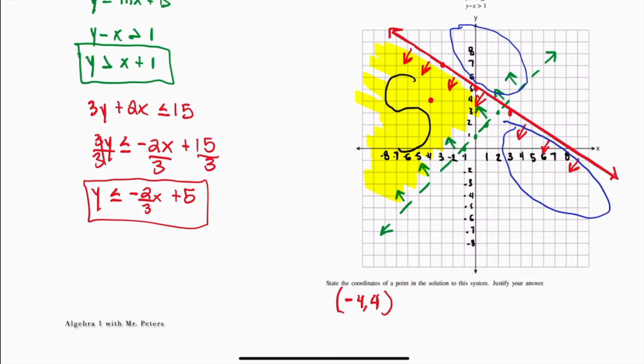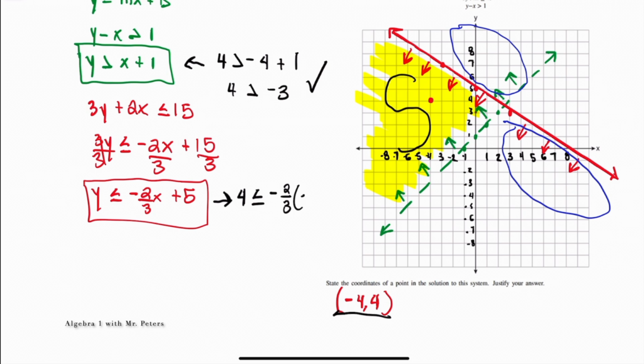So let's plug it into the first equation. We're saying that the y-coordinate 4 is greater than -4 plus 1. So 4 is greater than -3. True statement. We go to the second inequality and plug it in. 4, and remember this is coming from the ordered pair, is less than or equal to -2/3 times -4 plus 5.